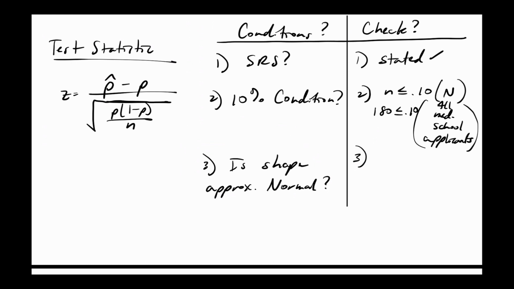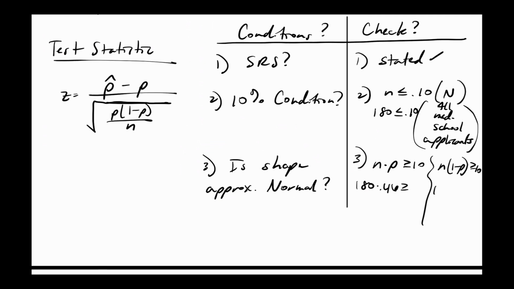And then the last one, we use n times p is greater than or equal to 10, along with n times 1 minus p greater than or equal to 10. So n is 180 times p. We don't have, oh yeah, we do. We have p, 0.46, and 0.54.